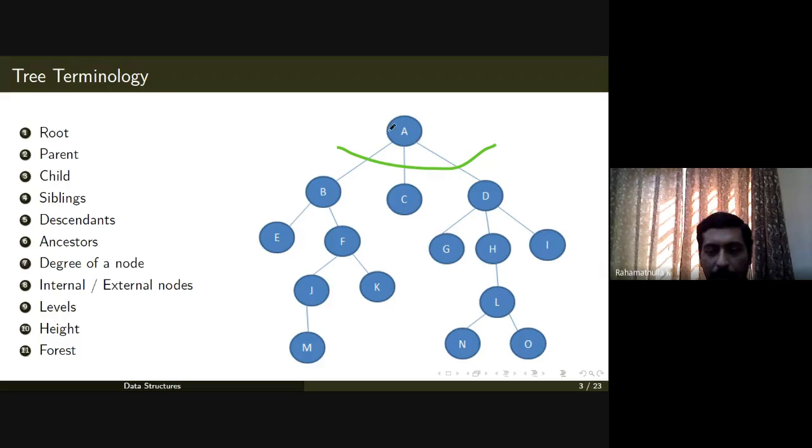So if you remove a particular vertex and all the edges that are coming out of that vertex, then what is left behind will be again a set of trees or subtrees.